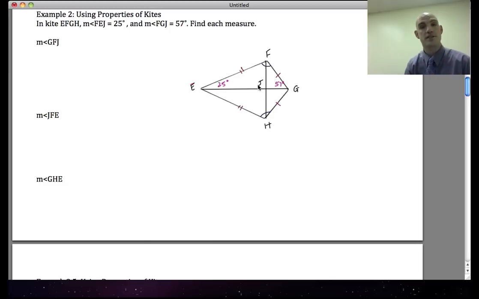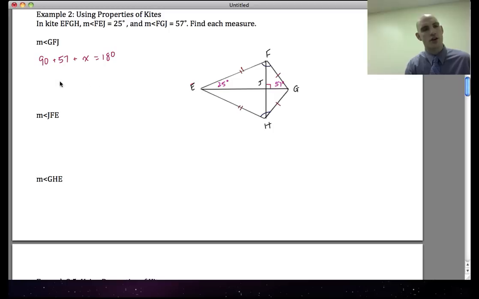That's what I know so far. So let's use the properties that they've talked about in the problem to find what we want. I'm looking for GFJ. Well, I also know that this is a 90-degree angle here, right? Because the diagonals of a kite are perpendicular. And so I have a triangle here that has 90 degrees, 57 degrees, and some other angle that I don't know, I'll call it X, is equal to 180.